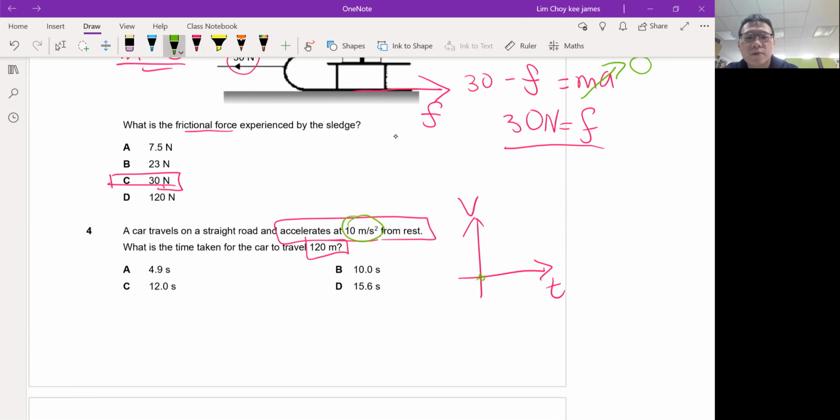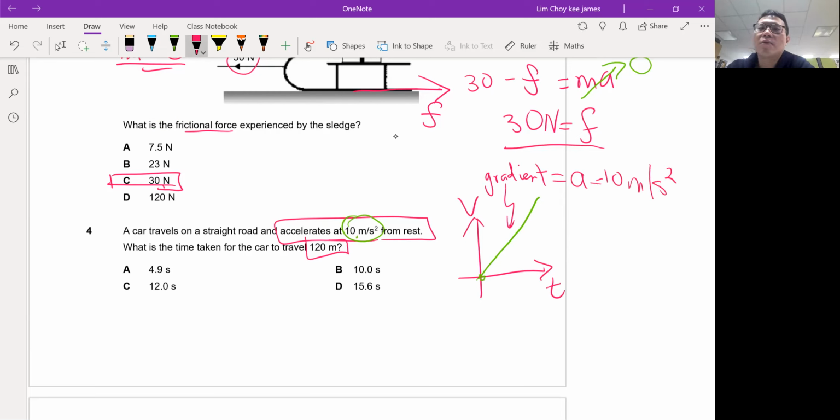Accelerate from rest. This number is a fixed number, it's a constant acceleration, so that's why I know it's a straight line. What is so important about this straight line is that the gradient of the line is actually the acceleration itself, which is 10 meter per second square. Because in kinematics, for a speed time graph, the gradient is the acceleration.